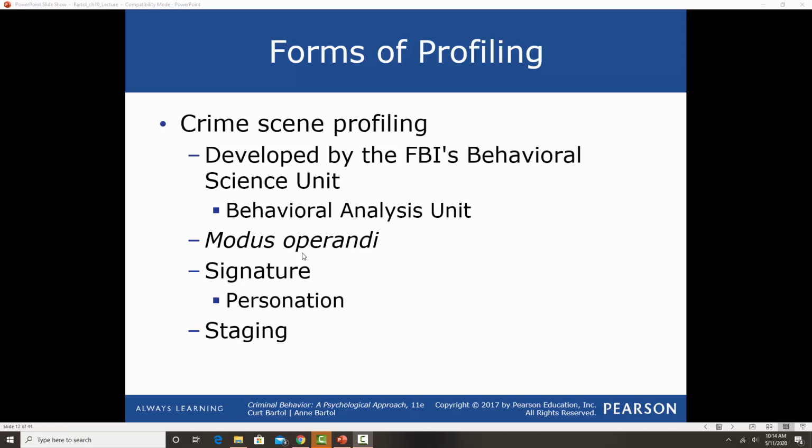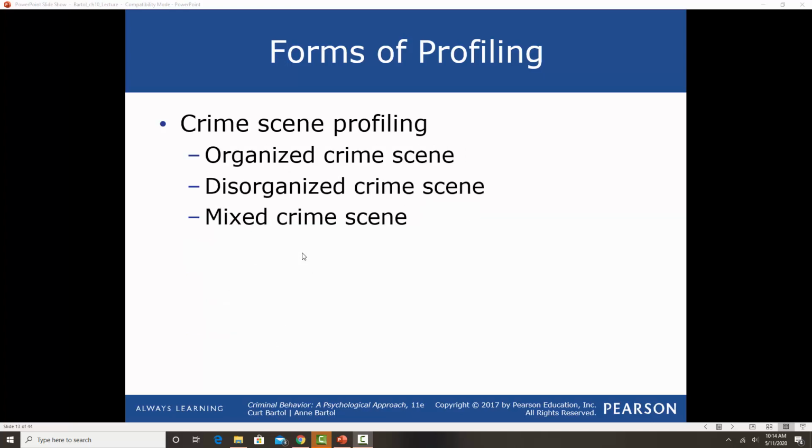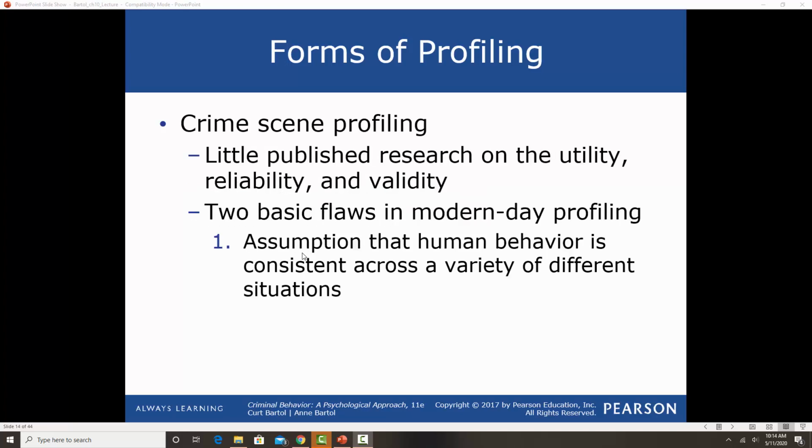But you can't really become a profiler; there are very few people that are actually profilers with the FBI. But again, these are things that the FBI has come up with that can help all investigators. You don't have to be a criminal profiler. Anyone that's going into any type of investigative work can use these techniques.